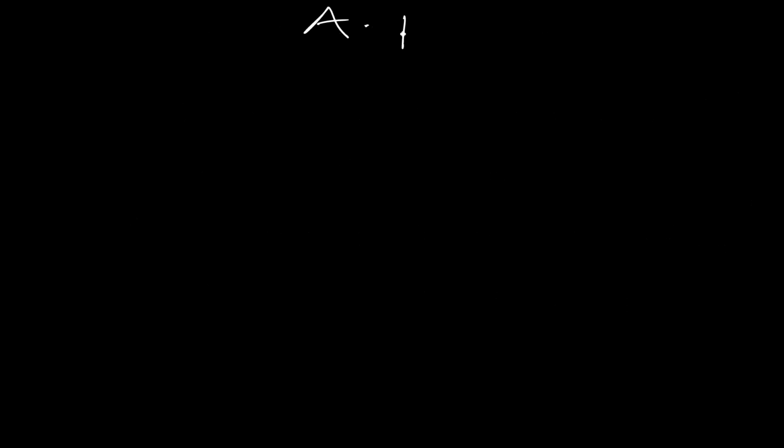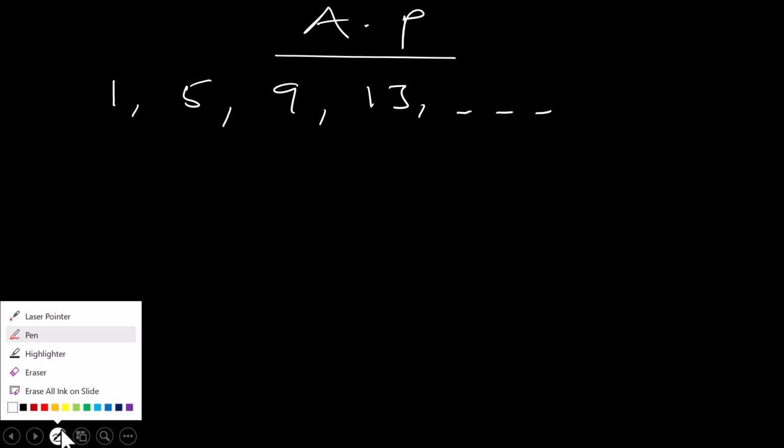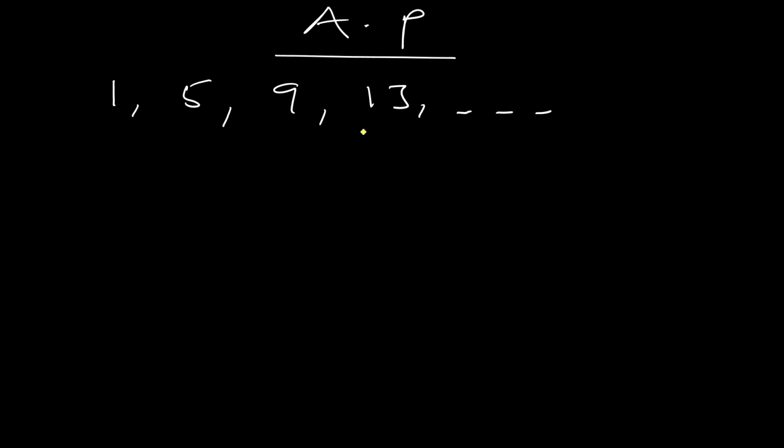So AP, arithmetical progression. With the AP, it's very simple. Now let's consider the following sequence: 1, 5, 9, and 13. Now, if I ask you to determine the next terms, because this one follows a pattern, you can determine the next terms here. So we know from 1 to 5 is 4.